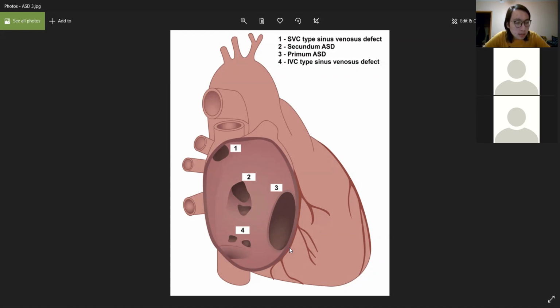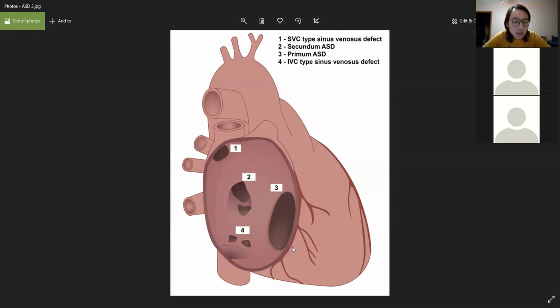Some names for primum ASD are partial AV septal defect, partial AV canal defect. AV stands for atrioventricular.